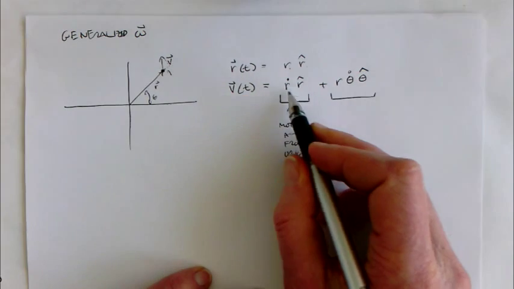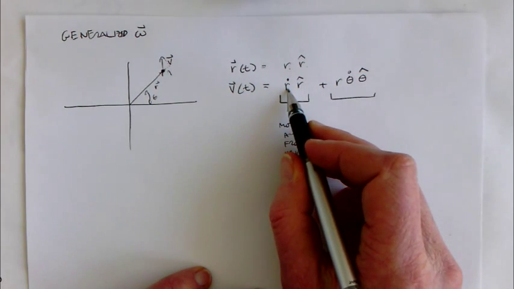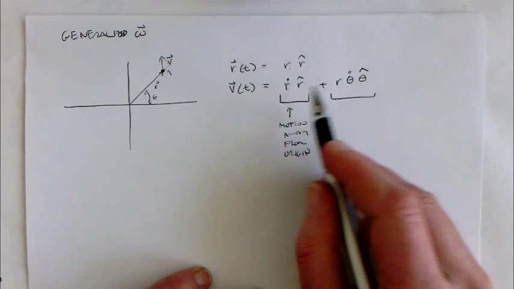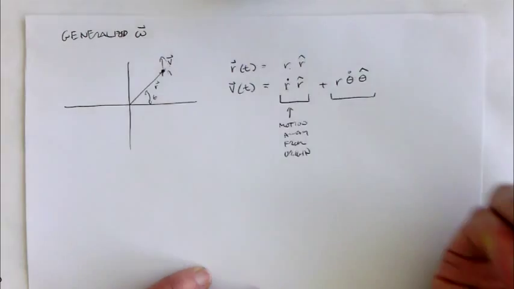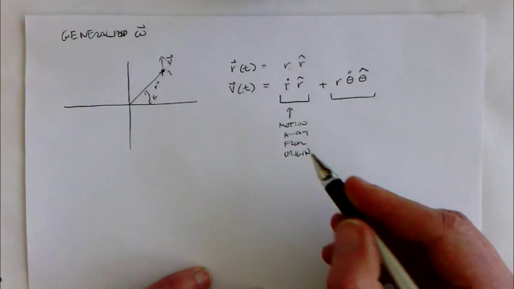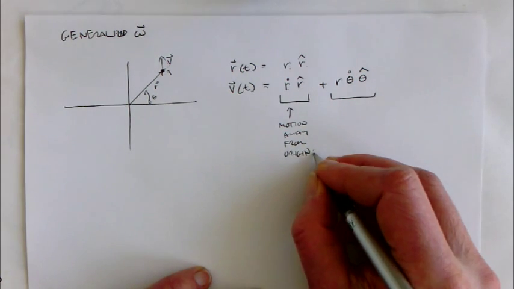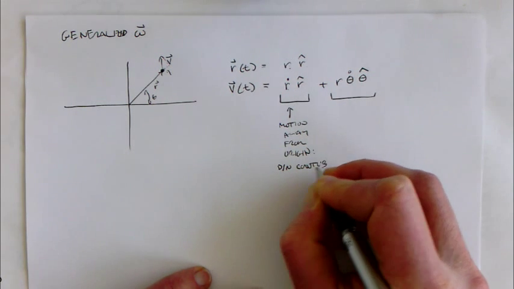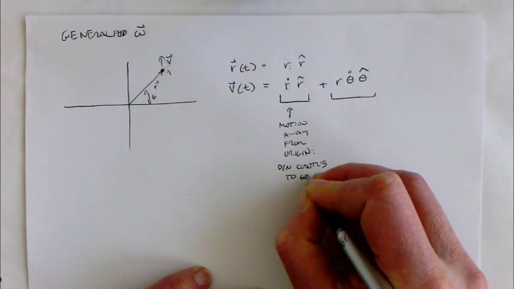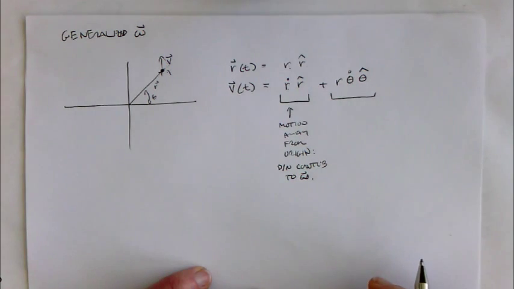If only r were changing and theta were not, this term would be 0, this term would be non-zero, the object would be moving straight away from the origin, and the angular velocity would be 0. So this motion away from the origin does not contribute to the angular velocity.